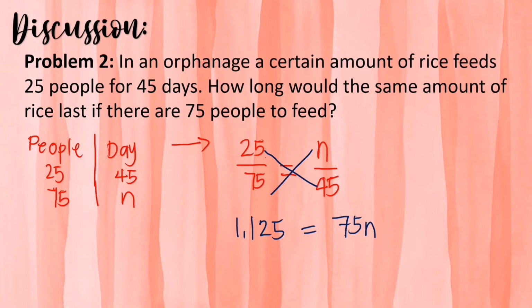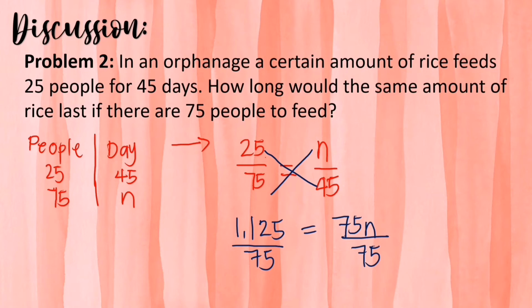75n. So, now, since may kasama si n na 75, we will divide both sides of the equation by 75 para matanggal natin or ma-eliminate natin si 75. So, kailangan kung ano yung ginawa mo sa isang side ng equation, ganun din ang gagawin mo sa kabilang side of the equation.